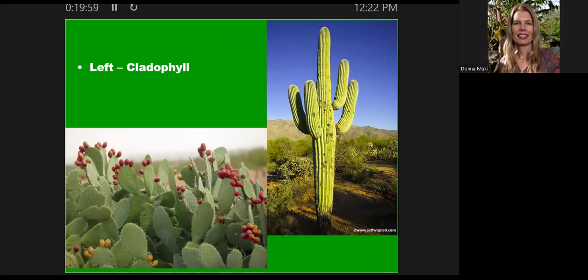Some people would say, no, those are leaves, but those are flattened stems. And they're called cladophylls. That's the fancy name. I would like you to know the fancy name. And then on the right, the giant saguaro cactus, that's a succulent stem that's nicely full of a lot of water. So of course, a lot of animals in the desert want that. So they have to defend themselves really well to try not to get eaten or get tapped into for water.